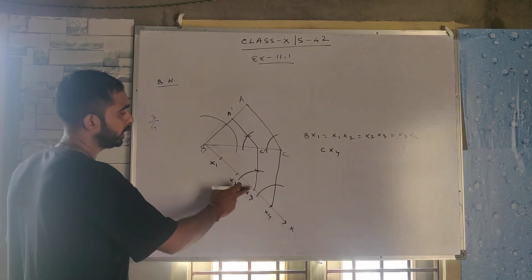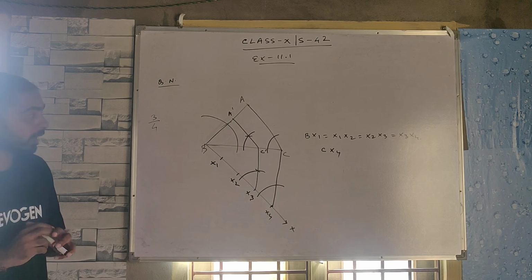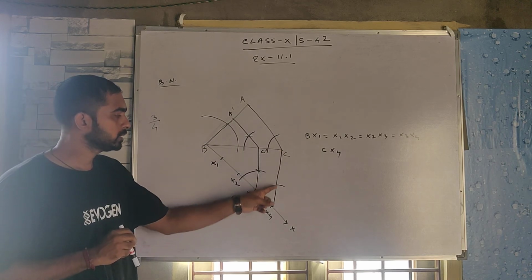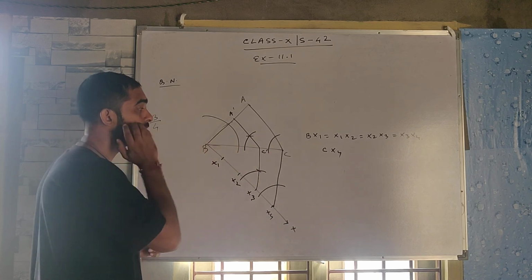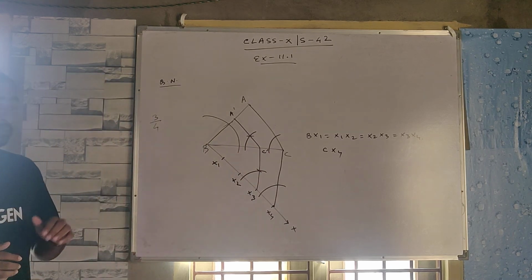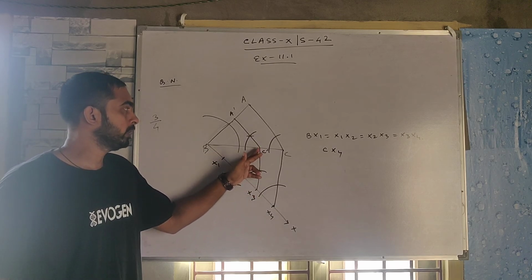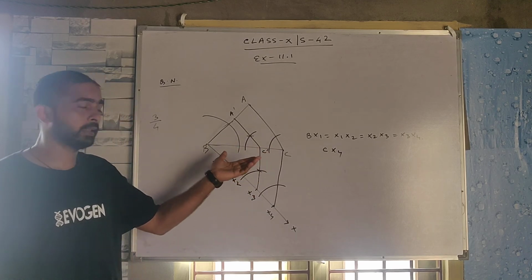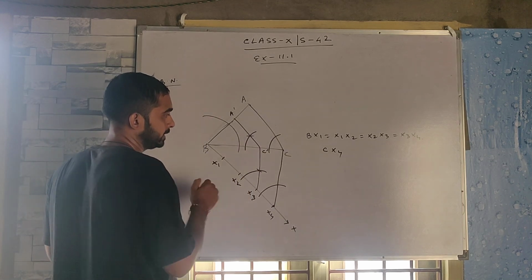Next step, through X3 draw a line parallel to CX4 which intersects BC at C dash. It intersects BC, not extended, because the parallel line will be within the given baseline BC.